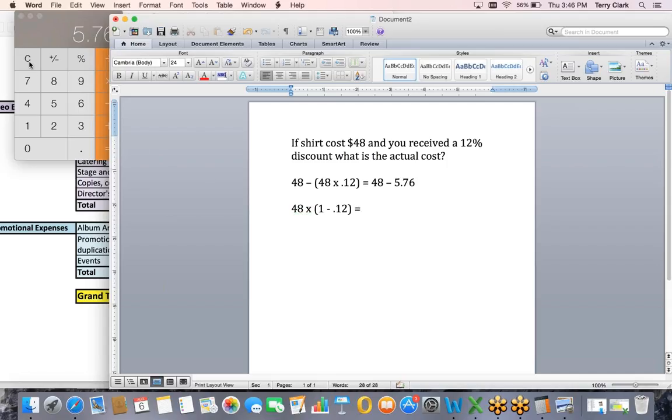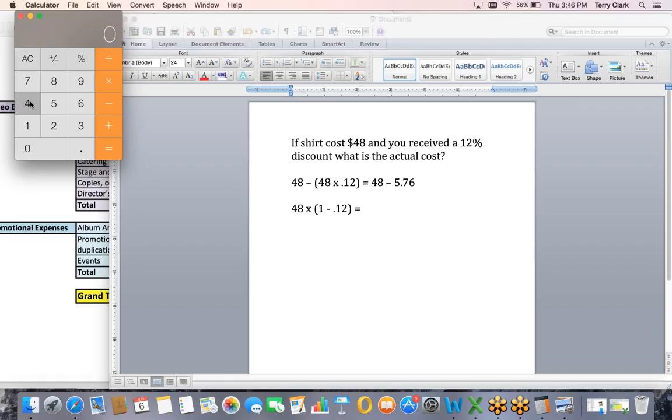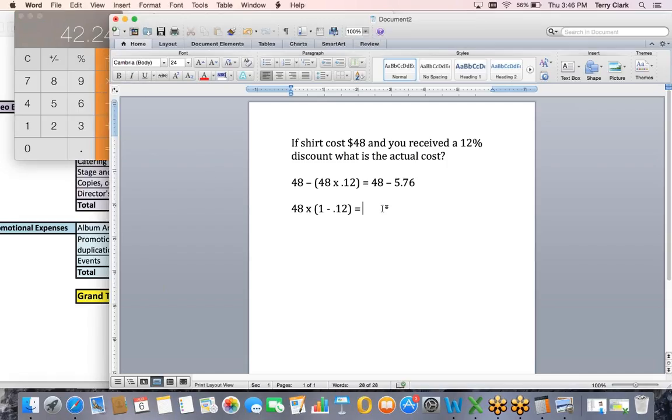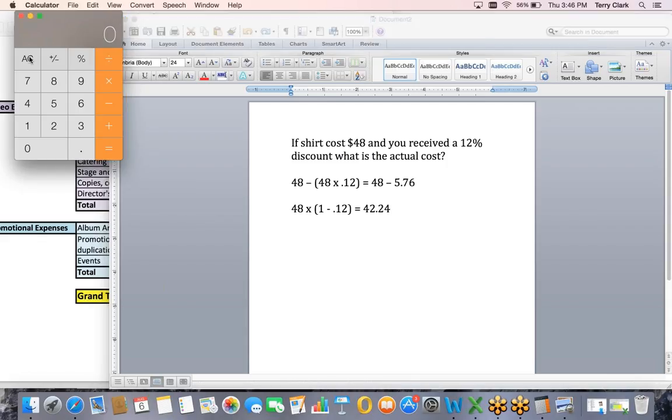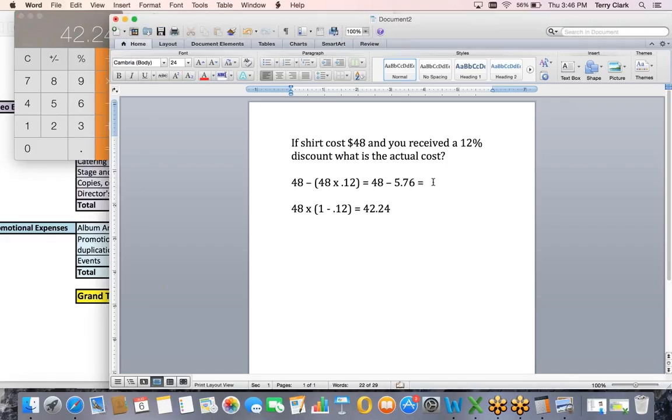And then the second way we can do it is 48 times 0.88, and that'll give us 42.24. And then if we take 48 on the top minus the 5.76, we come up with the same 42.24.